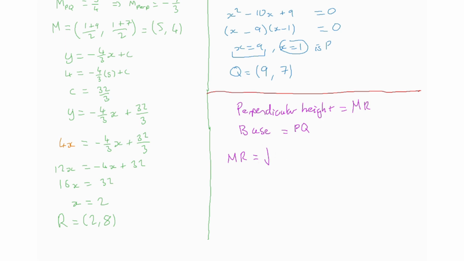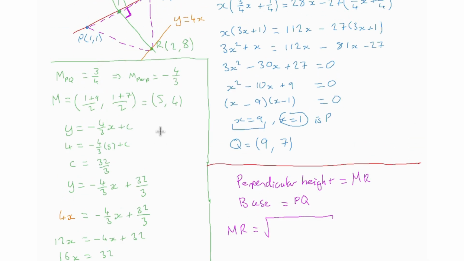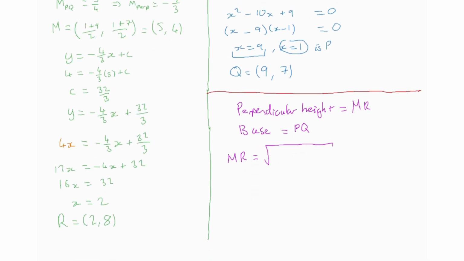MR is equal to the square root of, we've got to get from M to R. There we go, I've got them written down there. So it's going to be 5 minus 2 squared plus 8 minus 4 squared, which is the square root of 3 squared plus 4 squared, which is 5.